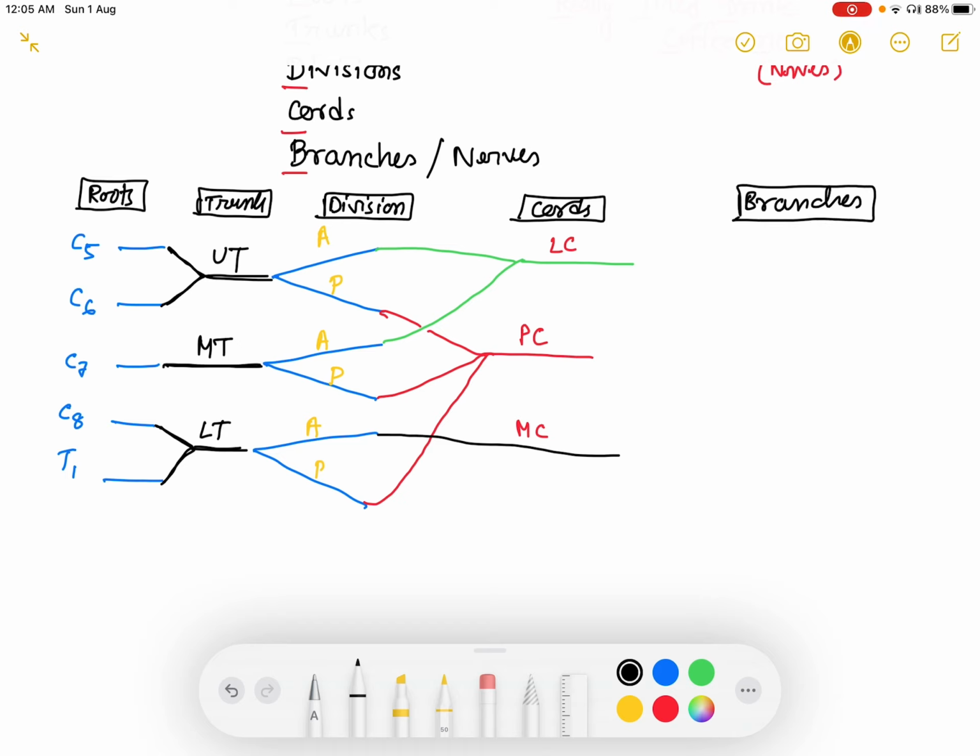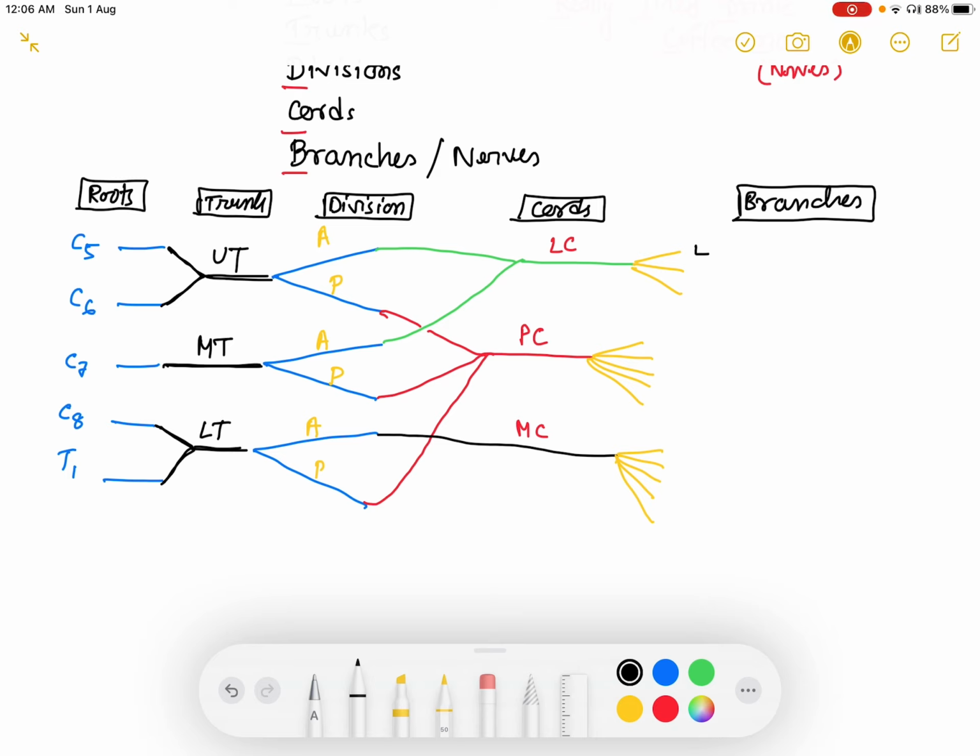So the lateral cord gives three branches or three nerves. The posterior cord gives five nerves or five branches, and the medial cord also gives five branches or five nerves. So what is the mnemonic for each cord's branches?